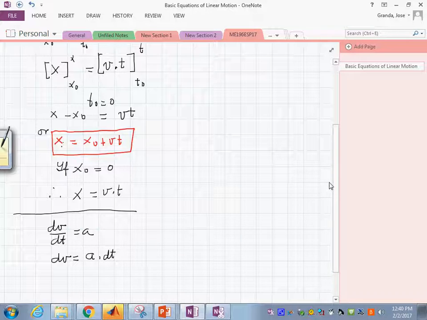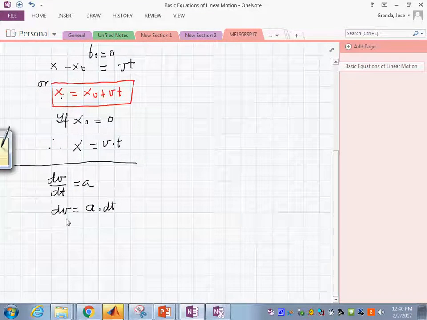So in a likewise format as we did for the velocity, we can integrate between v sub 0 and v dv, and integrate between t0 and t dt, like this.